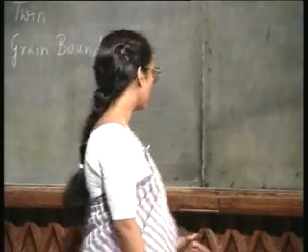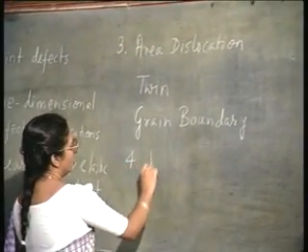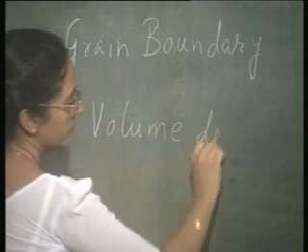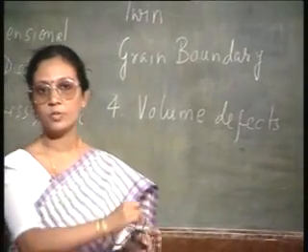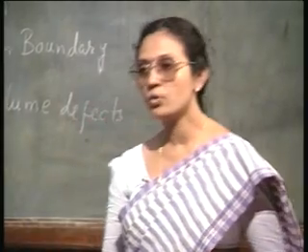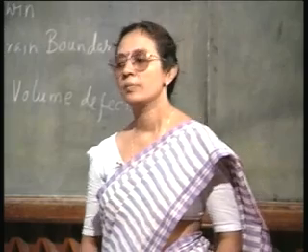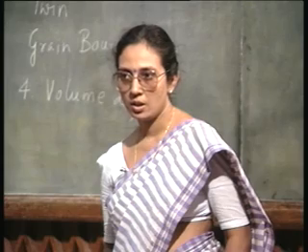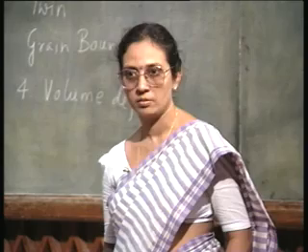And finally, we have volume defects: one dimensional, two dimensional, and finally volume defects or three dimensional defects. These are usually created by precipitates. See, the point is this, that each material has a solubility limit in another material.